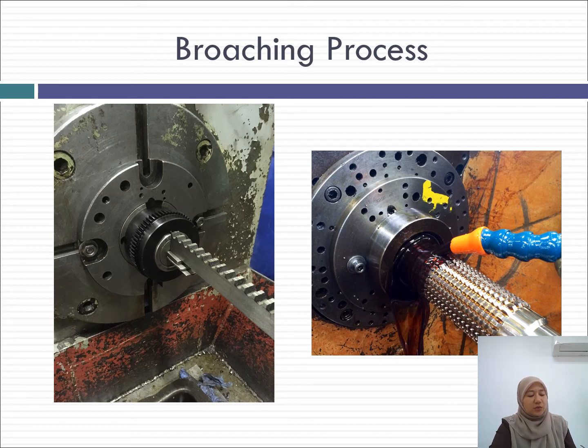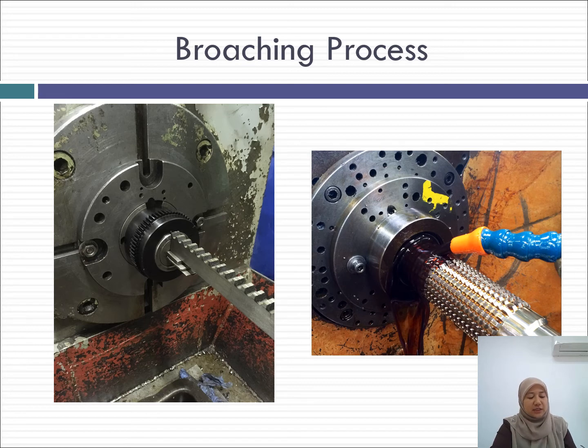The vertical broaching machine is designed to move the broach along a vertical path, while the horizontal broaching machine has a horizontal tool trajectory. Most broaching machines pull the broach past the work. So it is pulling, not pushing, the broach past the workpiece.